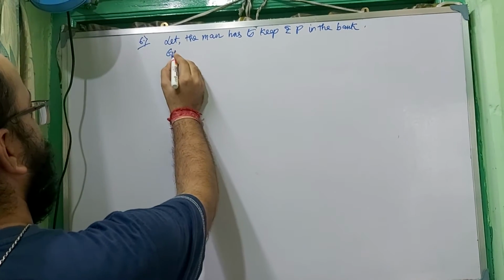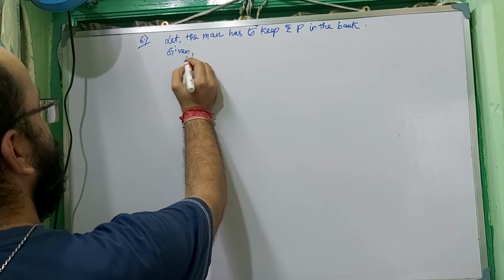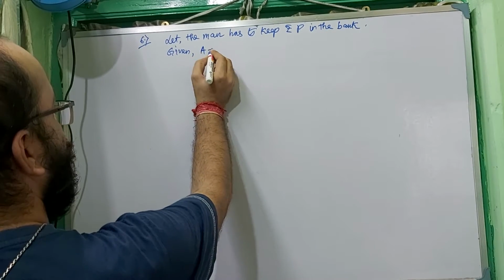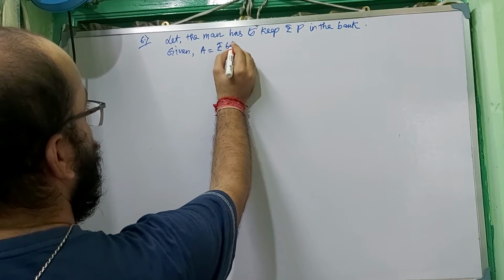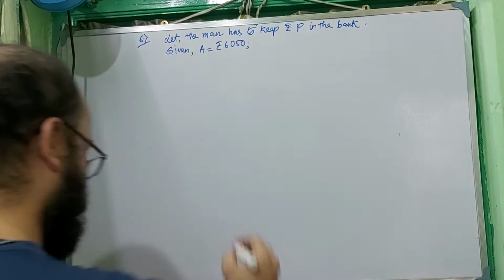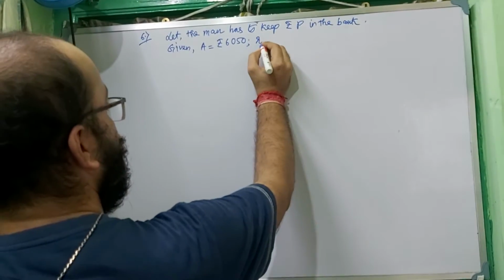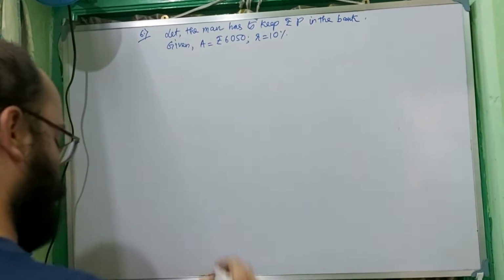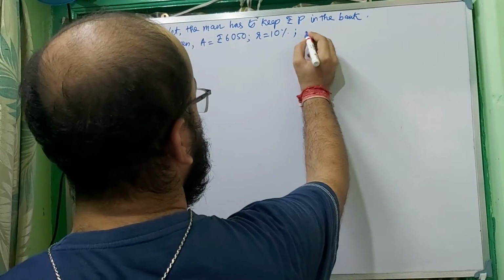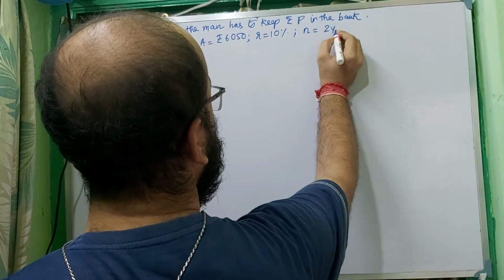So what is given? A is given, rupees 6050. R is given 10%, and number of years is 2, means N is equal to 2 years.